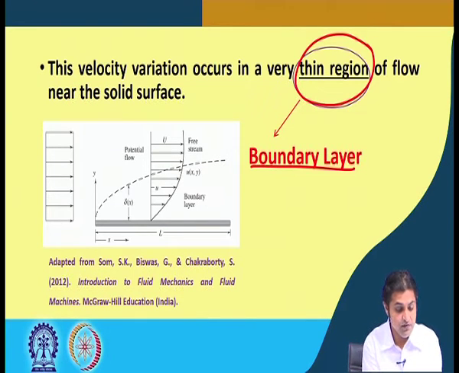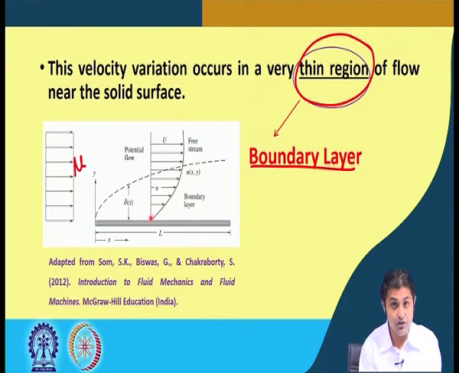If there is a flow with velocity u coming, and there is a flat plate of length L here, then when it encounters the plate, a thin region starts developing. Above this thin region, the velocity will remain u, but below that the velocity will start varying.